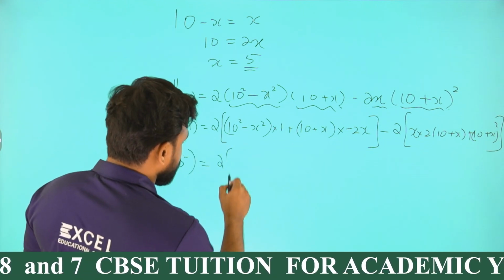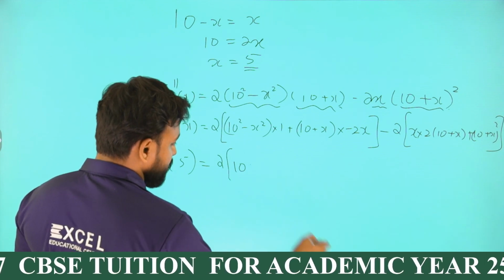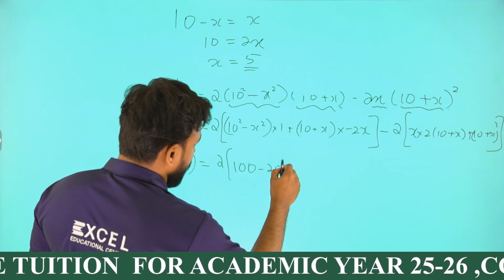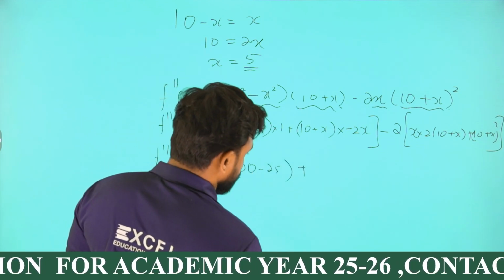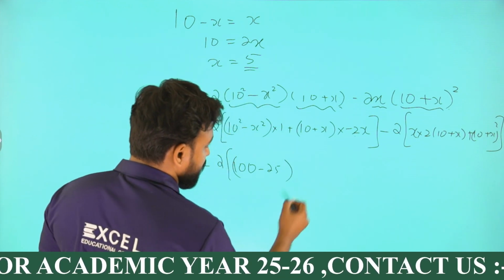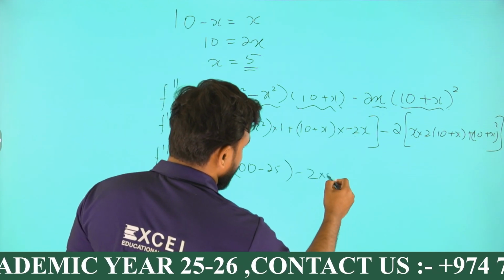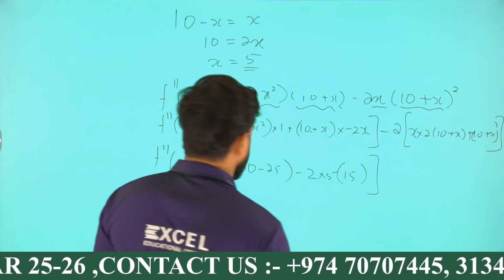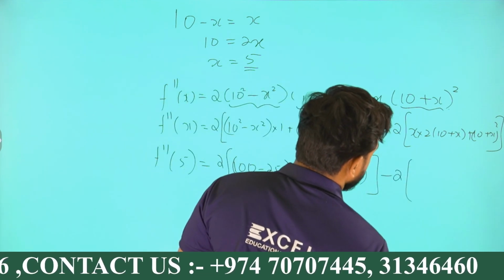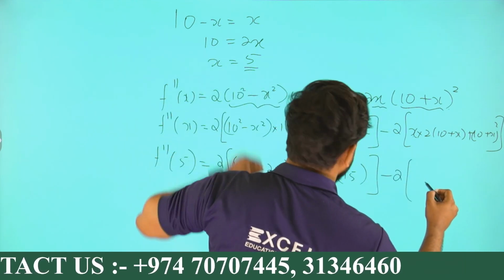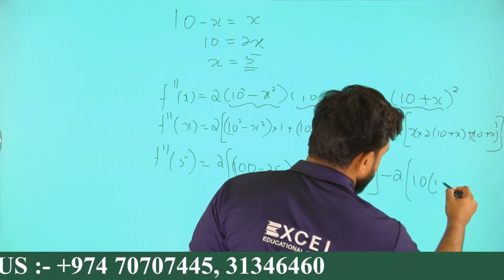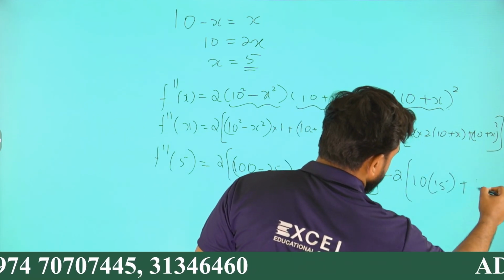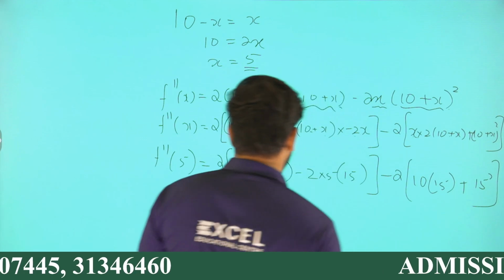So 2 times (100 minus 25) plus, it's minus when you multiply with minus 2 into 5 into (10 plus 5), it's 15, close the bracket, minus 2 into 5 because x is 5, 10 into 15 plus 10 plus 5, 15 the whole square. Ready?